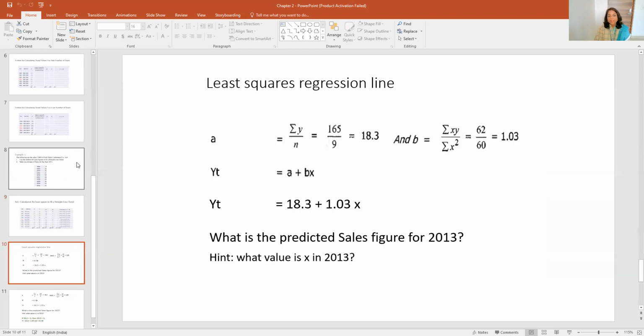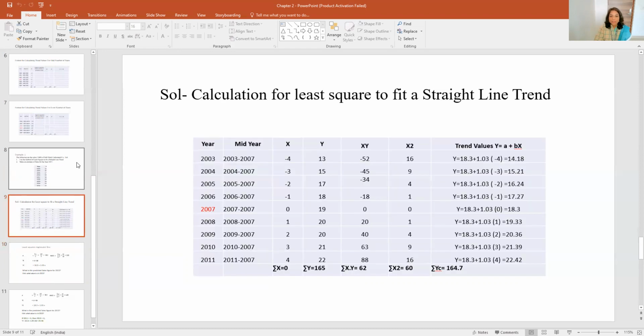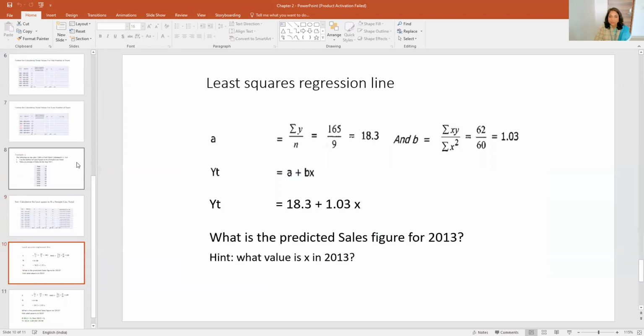First the A value. The formula for A is summation of Y by N. Summation of Y we have calculated as 165, so 165 by 9 gives 18.3. The formula for B is summation of XY divided by summation of X square.